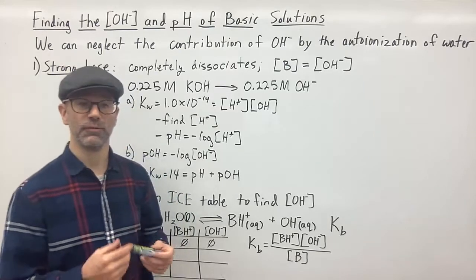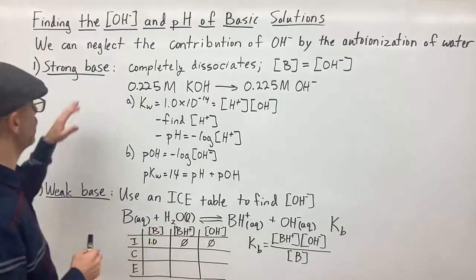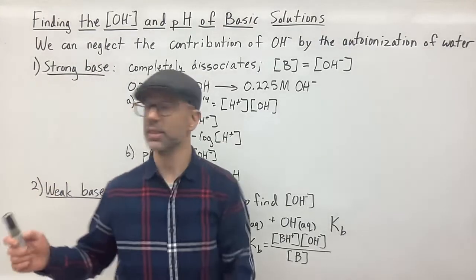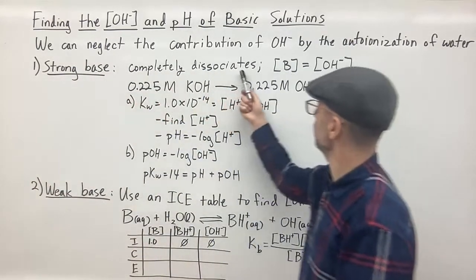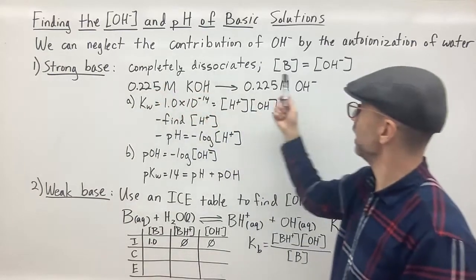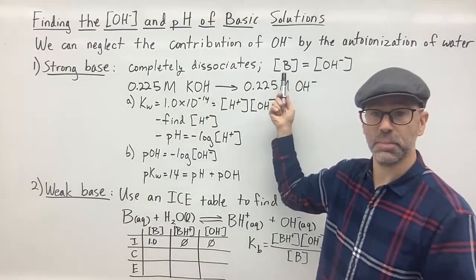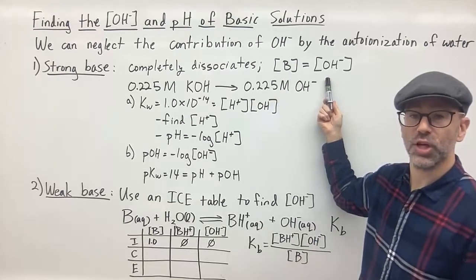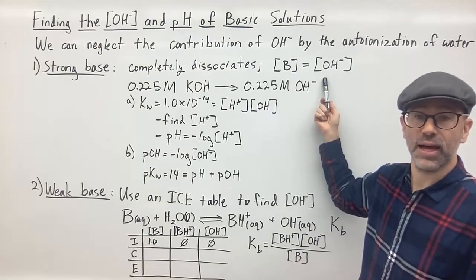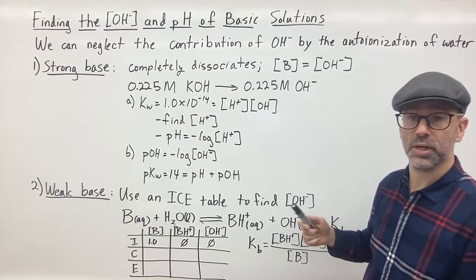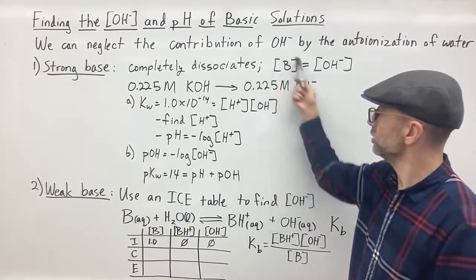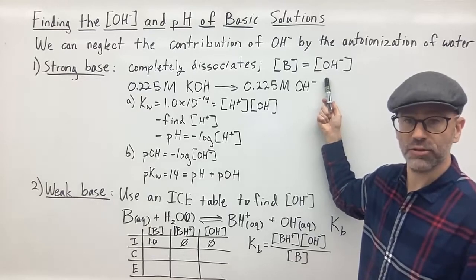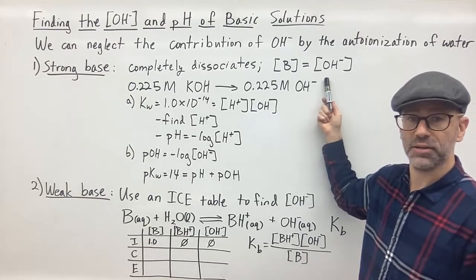So let's start with the strong base. Just like the strong acid, the strong base completely dissociates in water. That means that the concentration of the base you start with is going to be equal to the concentration of the OH minus that you end up with in solution, because all of this is going to dissociate into OH minus and your positive ion, whatever that is.